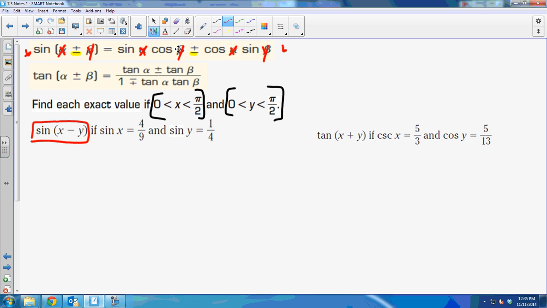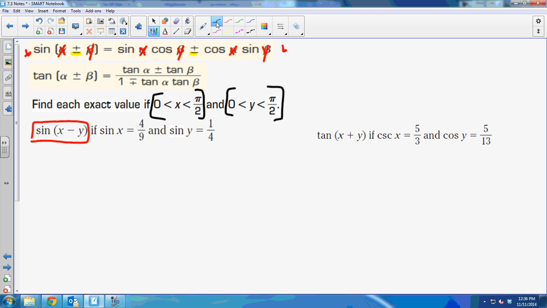So think back to learning target 2. How can we find cosine x and cosine y if we have sine x and sine y? I already have the identity.